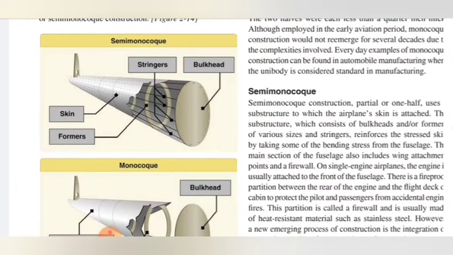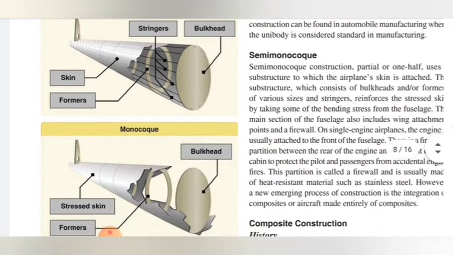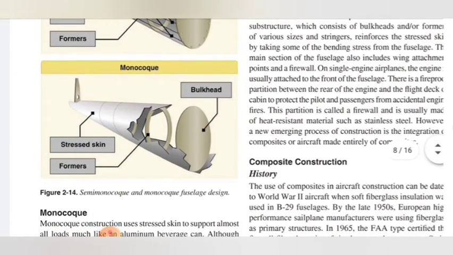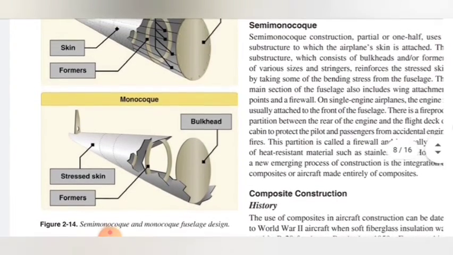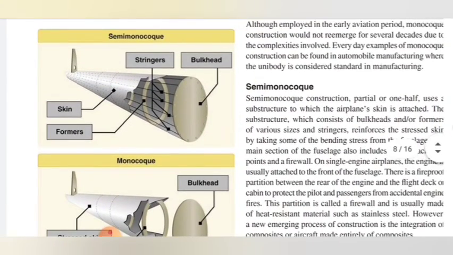The semi-monocoque and monocoque structures are explained in these figures. Figure 2-14. Semi-monocoque and monocoque fuselage design. It is like a cone structure. It consists of skin, formers.